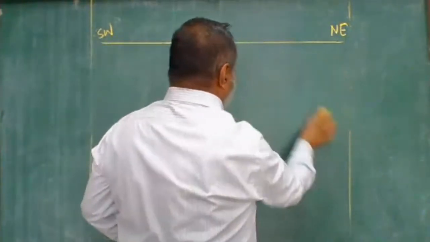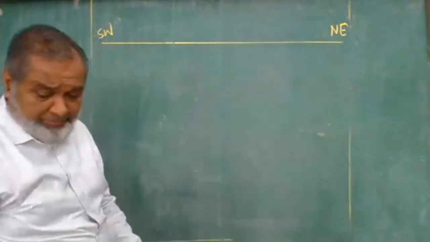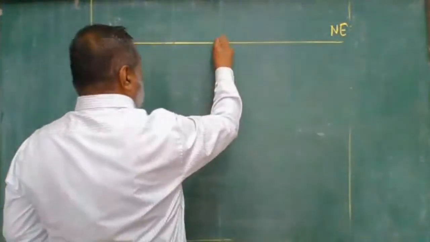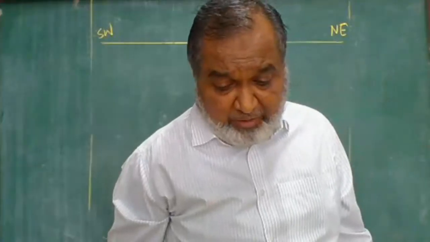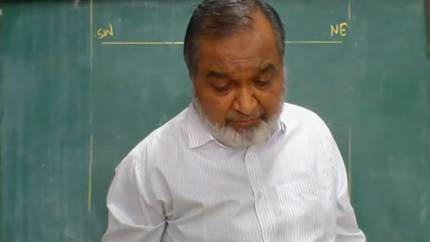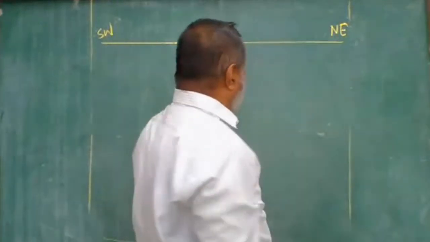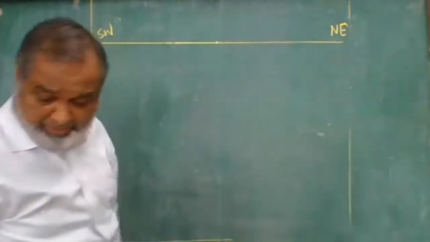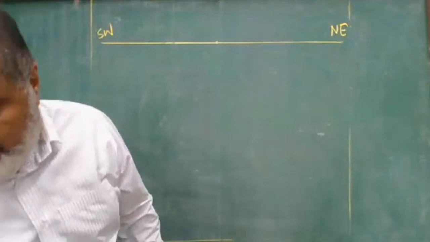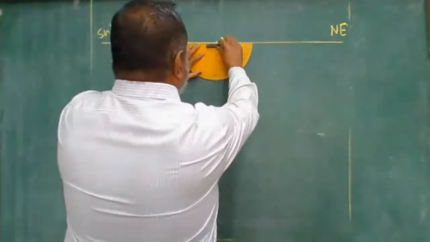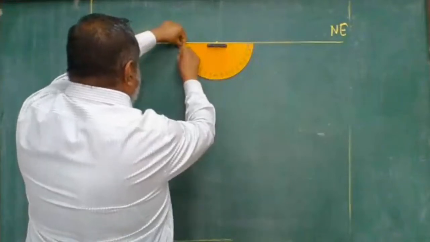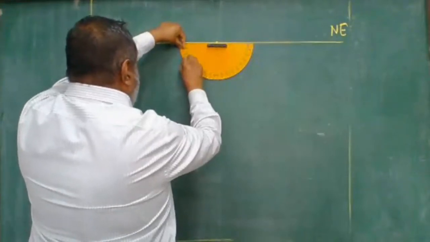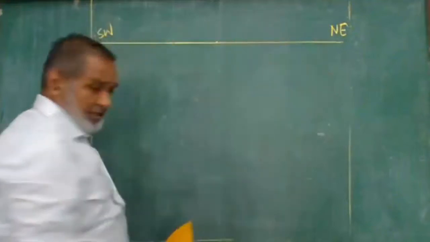So where should we take these 2 points? Now plot a center point. It is dipping towards southwest at 15 degrees. From that point, take 15 degrees. I'll take a bigger one, because here you can't get the idea how much is there.